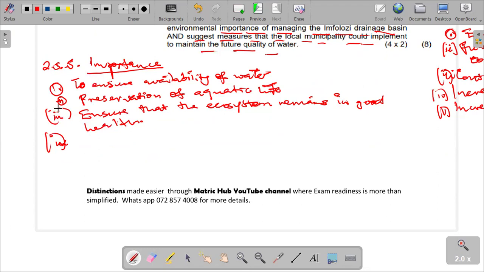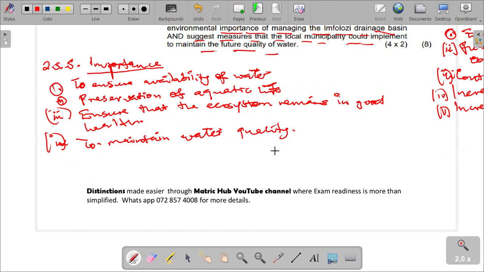Again, we also need to maintain water quality. The drainage basin needs to be managed in order to maintain water quality. These are some of the points that we can put in place.